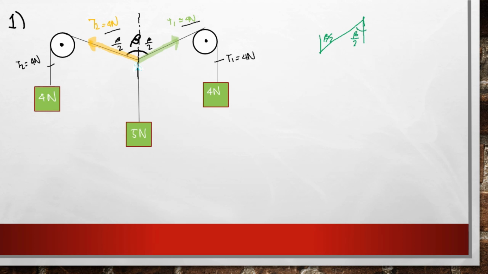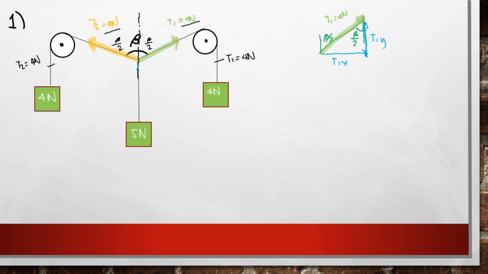And this will be your T sub 1. Your T sub 1 will be 4 Newton. Of course, that will be having components. Okay, let us try to draw the components. It will have a horizontal component of T1x, T1y, something like this.